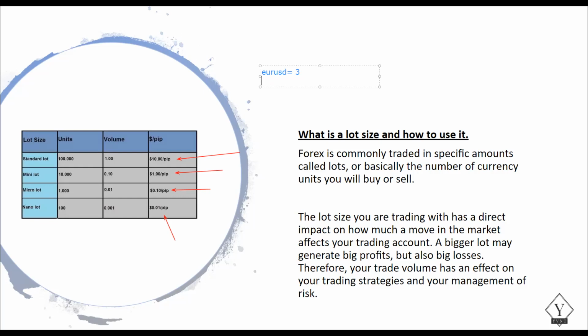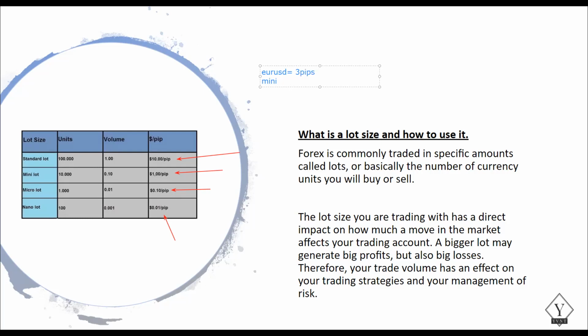So I'm just going to make an example using the mini lot size. This means that if with the mini lot size one movement per pip costs $1, and then we moved 3 pips.